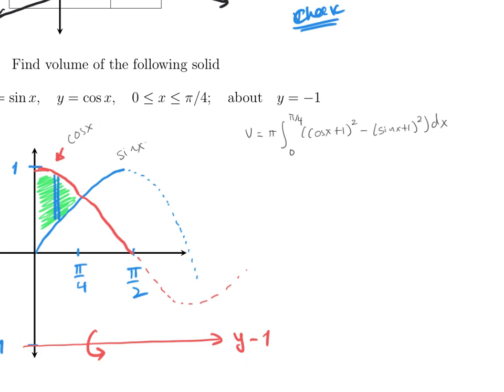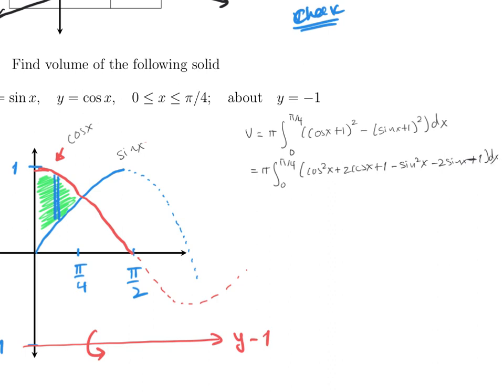Okay. Then you just have to do a bunch of algebra here. So you do that, you end up with the following. This will be cosine squared x plus 2 cosine x plus 1, and then minus sine squared x minus 2 sine x minus 1, dx.